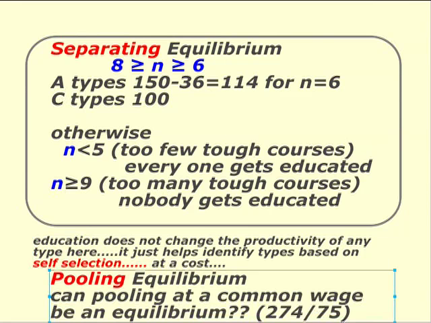As I said, you might wonder, is there a pooling equilibria? Could we ever have a common wage for both types? And what we would want is that to be an equilibrium, a Nash equilibrium, in the sense that each player is making a best response to the choices of the other player, right? And the text has a very good argument as to why we're not going to be able to get a pooling equilibrium at a common wage here.